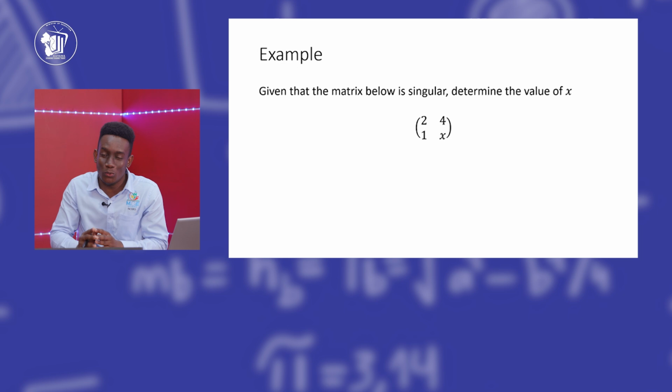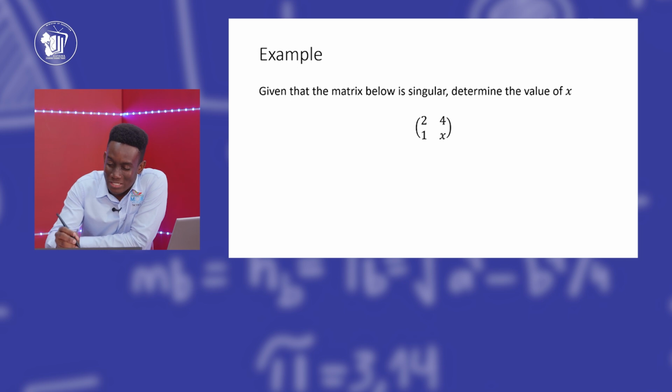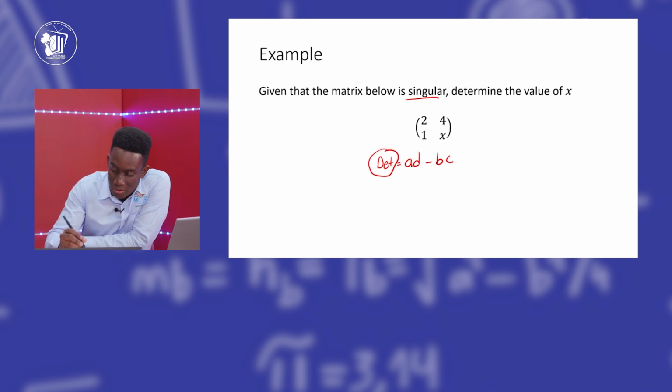So we already know when a matrix is singular, that means the determinant is equal to 0. So if you want to find the value of x and we are given this piece of information, let's do that. So the determinant here will be equal to AD minus BC. In this case, we already know the determinant should be equal to 0.